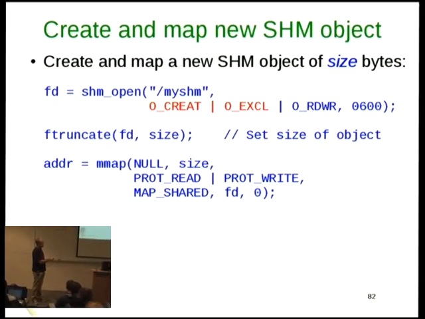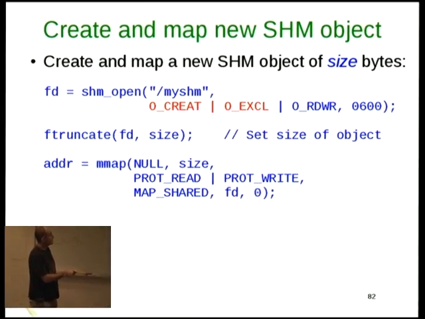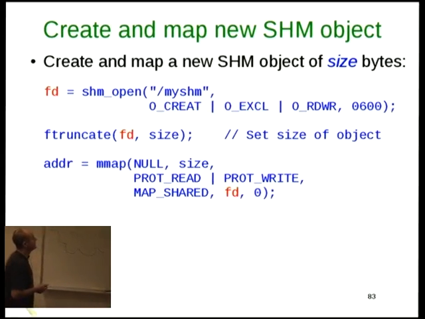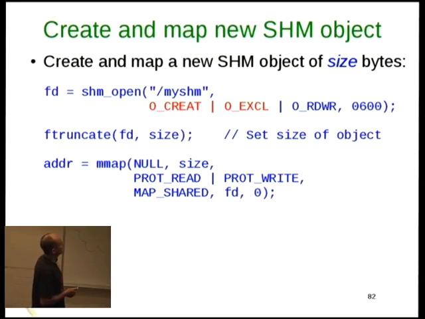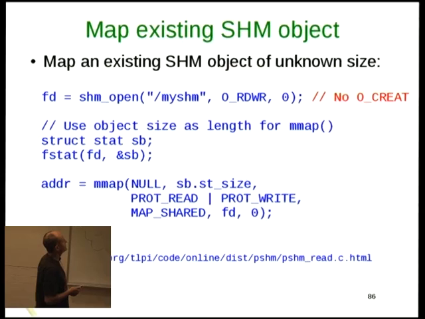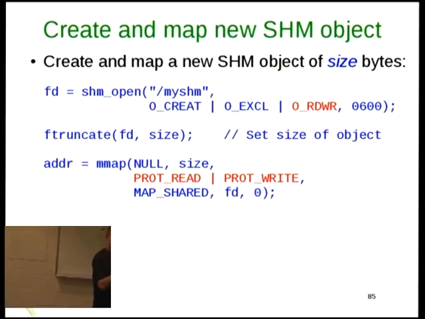I want to map it shared so other processes can see my updates. Here's the file descriptor I want to map, and map from offset 0 in that shared memory object. And I get back the address where the mapping is placed. Again, I think I've run through all of those bits and pieces, haven't I? Any questions about that?